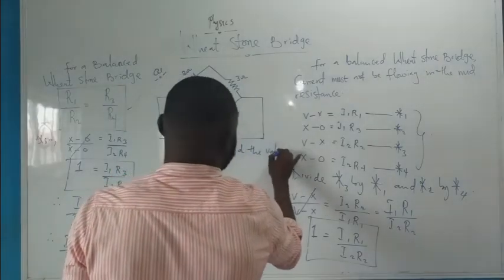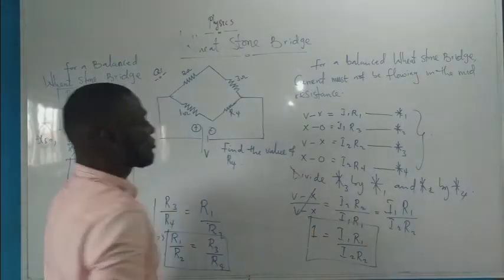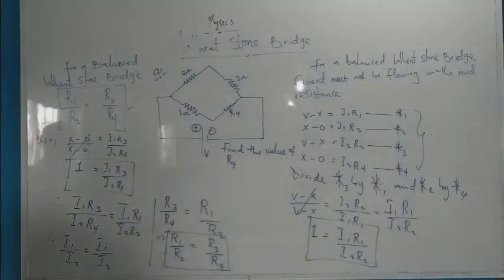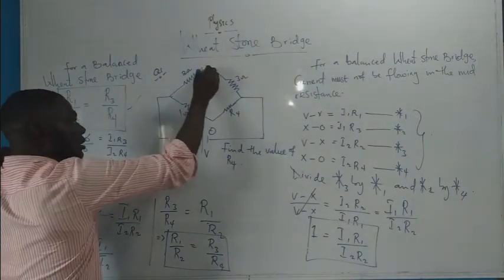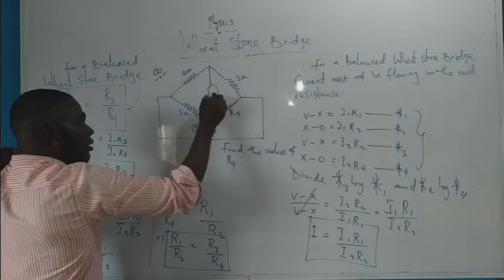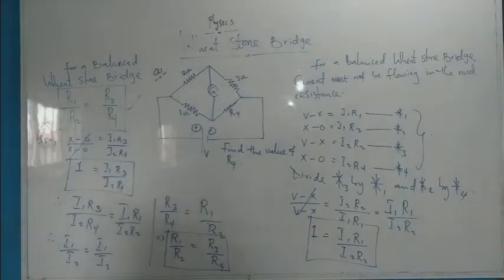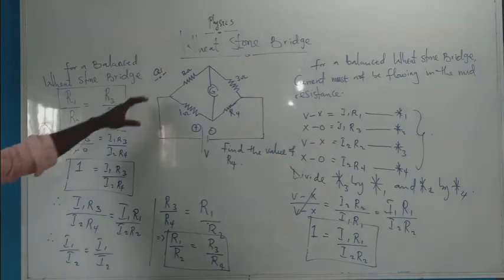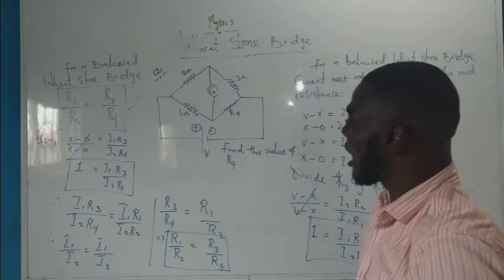Find the value of R4. Now, for this to be balanced, it means that R1 over R2 must be equal to R3 over R4.